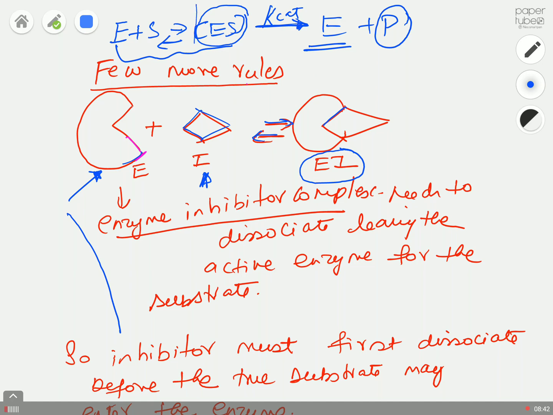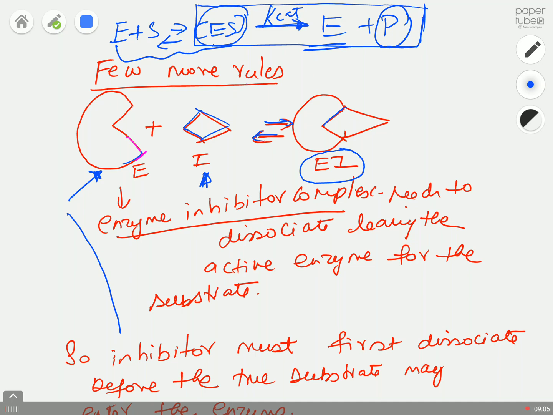Whenever we talk about the chemical reaction part, it's better we avoid using the word dissociation. Dissociation is a physical process. Let's say there is a chemical reaction which converts your enzyme substrate complex to enzyme plus product. What we need in this type of reaction, when you're going to deal with an inhibitor, is still this enzyme substrate complex.